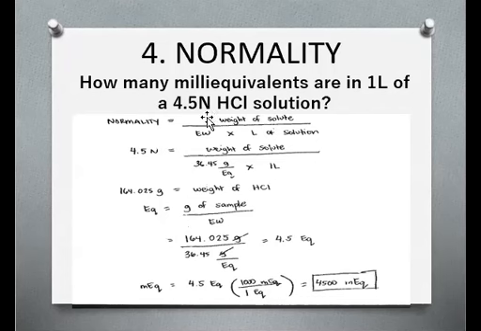Okay, isa lang naman ang H. So 36.45 divided by 1 and you still get 36.45 grams. But this time, kuha na kasi natin is equivalent weight. So it's already grams per equivalent times 1 liter. So you're going to multiply this, you'll get the weight of solute. The weight of solute is 164.025 grams.